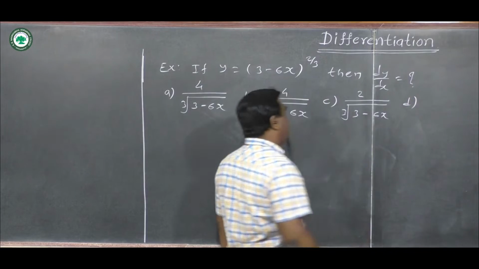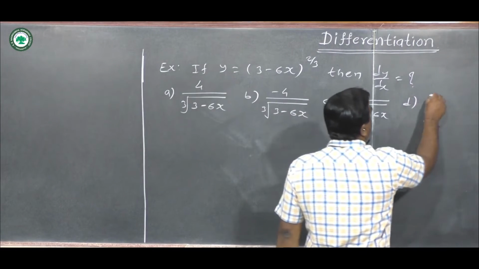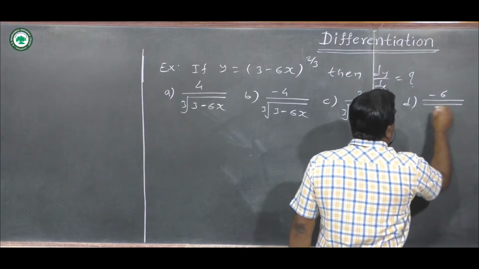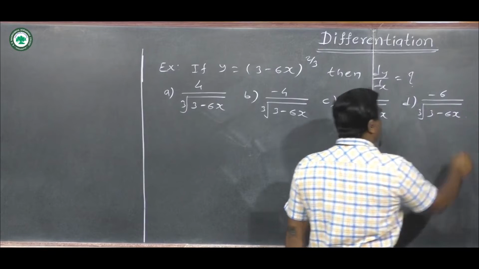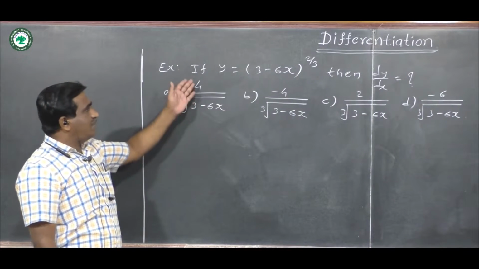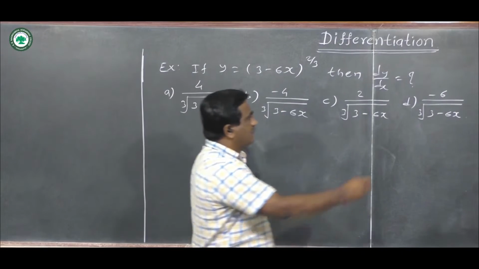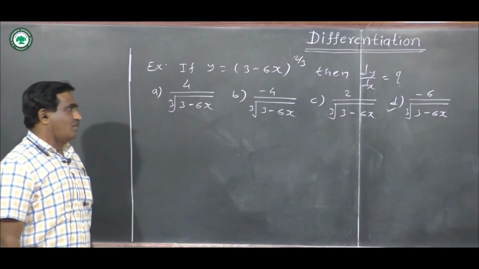And option number D, fourth option, minus 6 upon cube root of 3 minus 6x. Okay, now answer for this multiple choice question is option D. How to get this option?